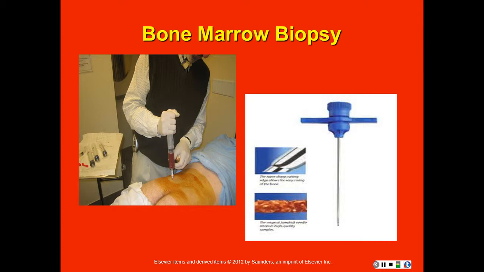So we make sure we've got that pressure dressing on for a good 2 hours, but we usually just let them go home with it on too. I'm not going to ask you about times. I just want you to know the patient's got a pressure dressing on after this. So that's our care for the procedure.